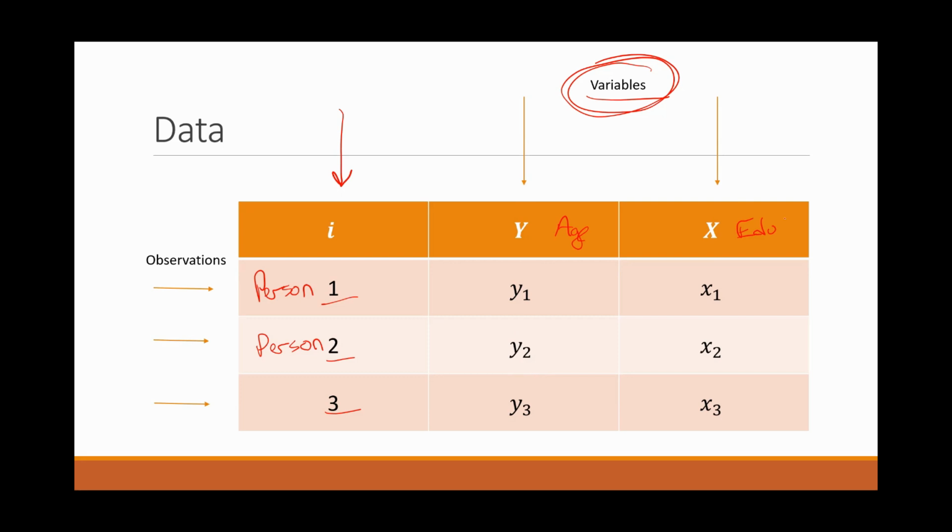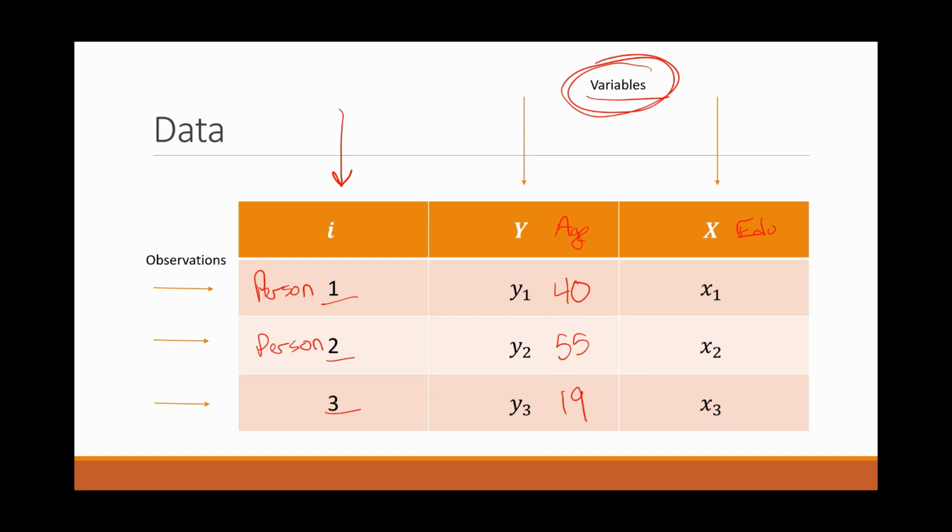So the variable age takes on different values for each person. Let's imagine that person 1 is 40 years old, person 2 is 55 years old, and person 3 is 19 years old. These are different specific values of the variable age that correspond to each observation in the data set.